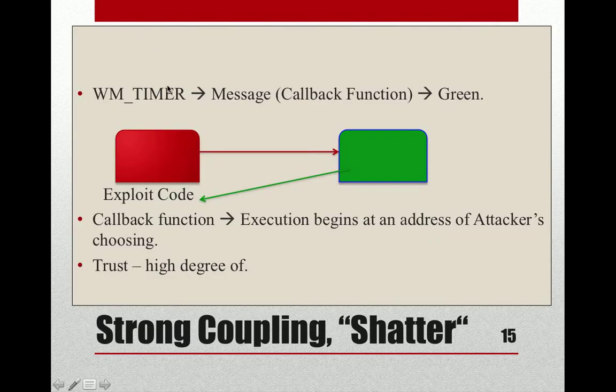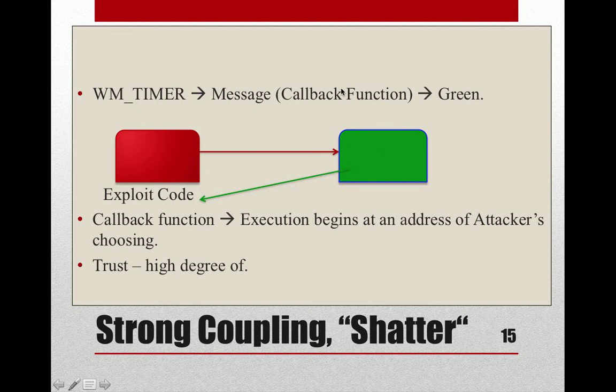One of the examples given is messaging. Windows uses messaging in managing GUIs. Let me start over again. The WM_TIMER message is sent when a timer has expired, and here the message is being sent from the attacker to another process.